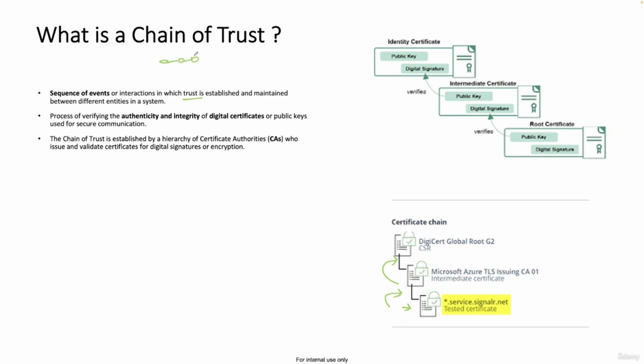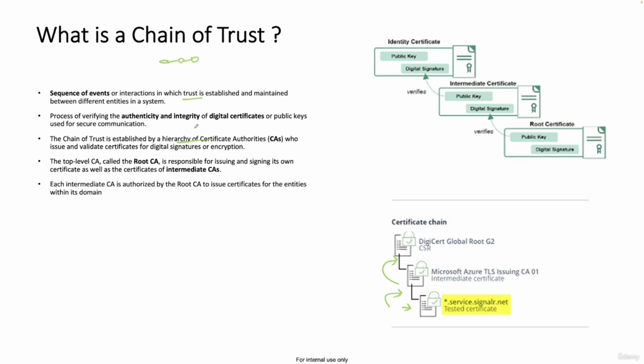The chain of trust is established by a hierarchy of CAs who issue and validate certificates for digital signatures. Very self-explanatory again. So what is the hierarchy of CAs? We have the intermediate CA, and then we have the root CA. The top-level CA, called the root CA, is responsible for issuing and signing its own certificate. Now, we already discussed previously that the root CA is the only CA that can issue a self-signed certificate, because there is no issuer on top of a root CA, right?